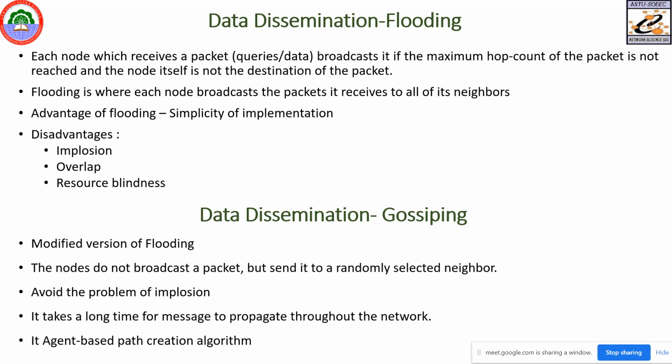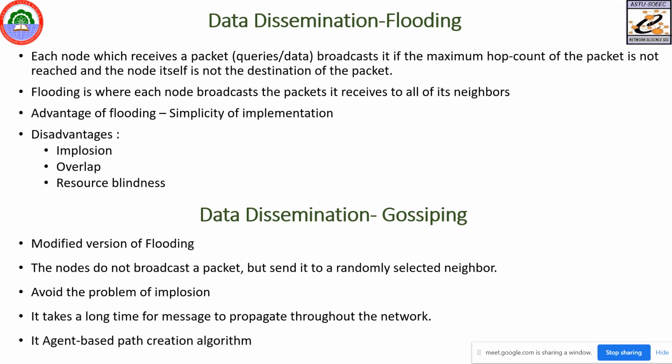If I am fixing the hop count as 4, the node broadcasts to its neighbors at hop count 1, then they rebroadcast at 2, then 3, then 4. Once the hop count reaches 4, it will not rebroadcast that particular request or information.